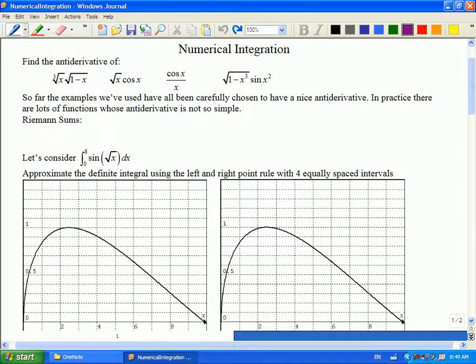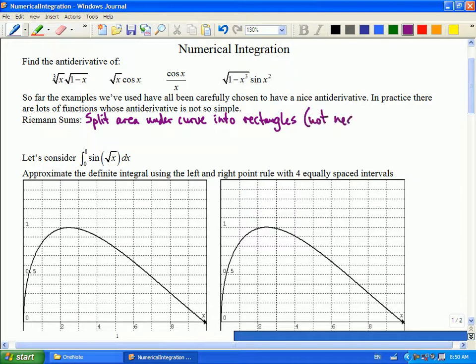So we've already talked about Riemann sums in terms of area, so just to jog your memory, this is when we split the area into rectangles. And because there was a little bit of confusion about that, we should write it down.